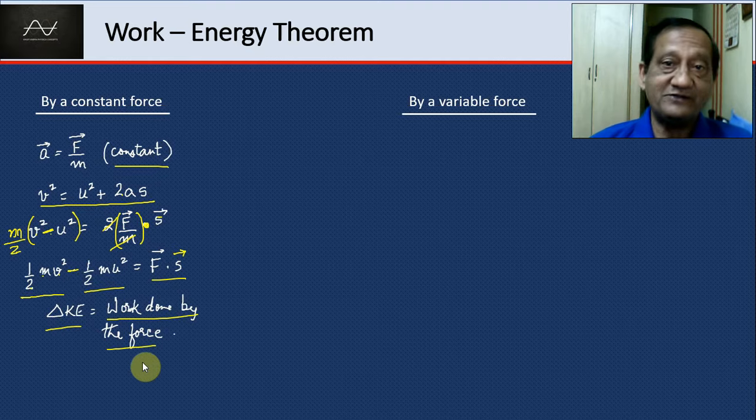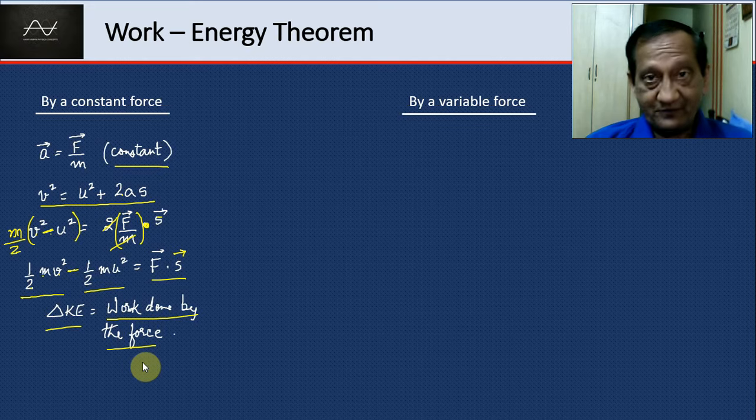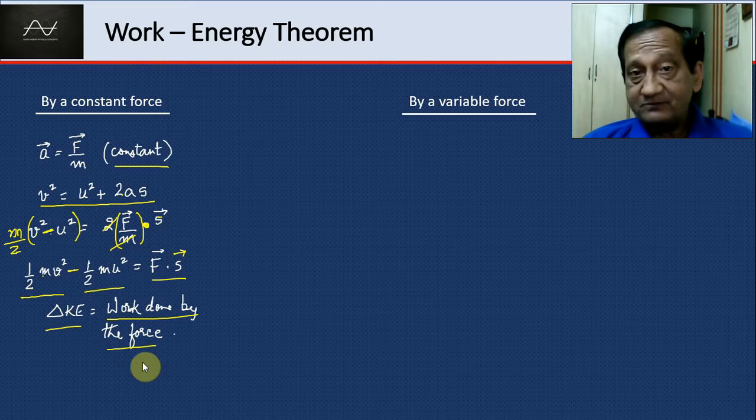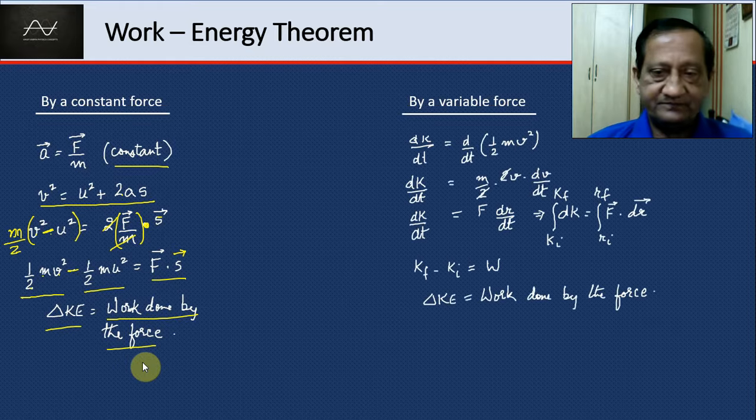That is work-energy theorem. The work done by a force is equal to the change in kinetic energy. Actually, not just one force. You may have hundreds of forces. Work-energy theorem is the sum of the work done by all the forces is equal to the change in kinetic energy of the body.